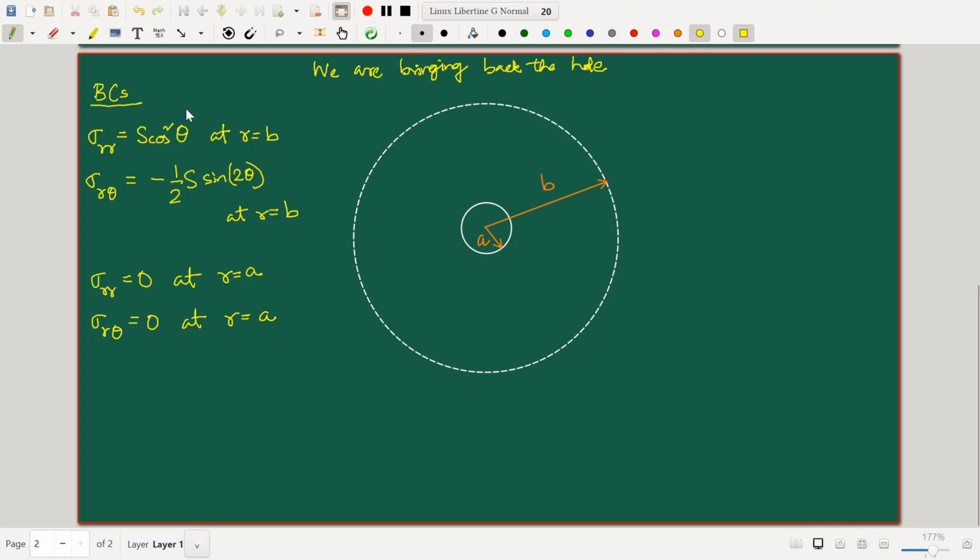I will rewrite this thing. There's a lot of rewriting and re-representations going on for this problem, and that's how we proceed. Always convert things in terms of what we know. So this cos squared theta can be written as half of 1 plus cos 2 theta.